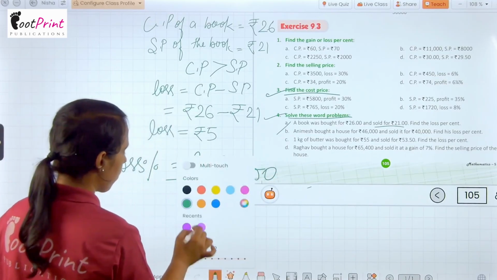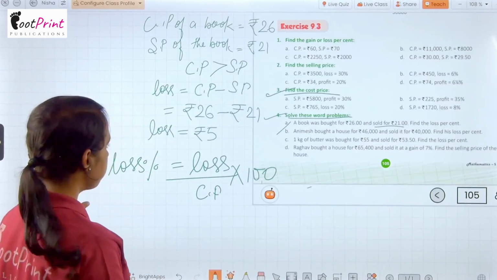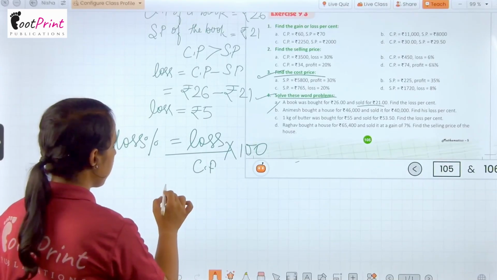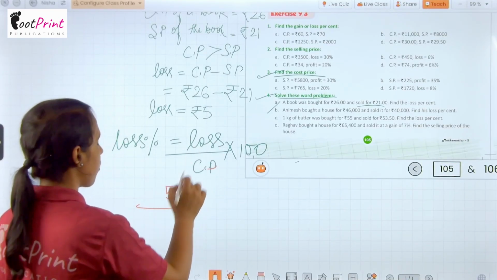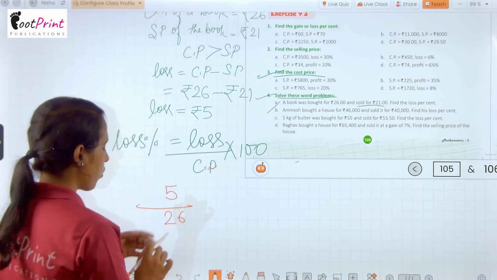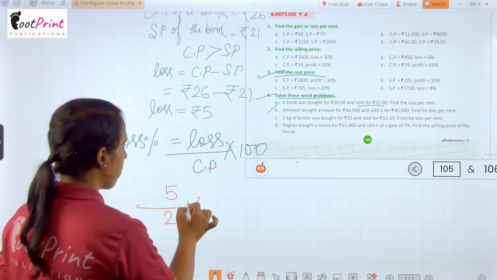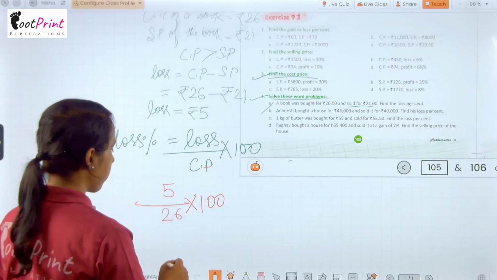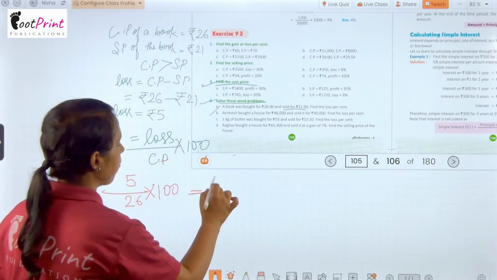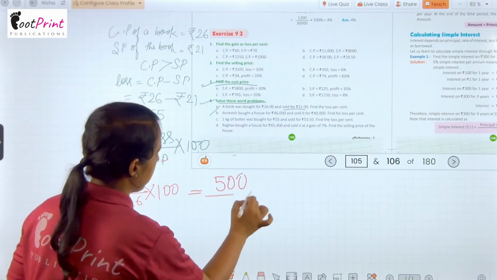So let's find out here the loss percent. So loss is made up of 5 rupees and CP is here 26 rupees. So 26 rupees is CP into 100. Okay, and after solving we get here 500 upon 26.